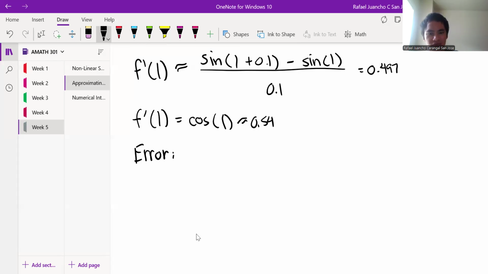This is 0.497 minus around 0.54, which is around negative 0.04, something like that. So that's our error, right? This is pretty straightforward, we're just approximating.